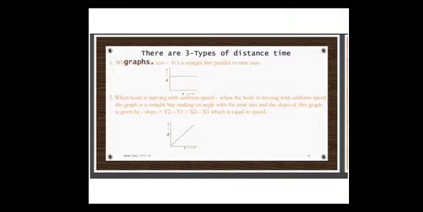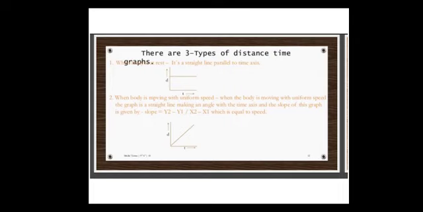Now there are three types of distance time graph. The first one is when the object is at rest. When the object is at rest, we take distance and time, and as the time goes on increasing, suppose the object in this graph is at some fixed distance, that is, it is not moving.